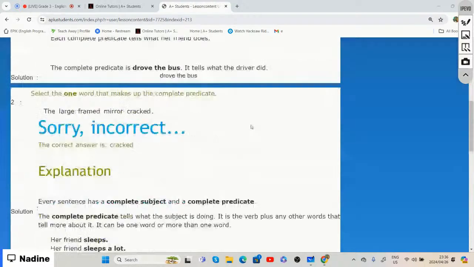The large framed mirror cracked. We need to select the one word or more than one word that is the predicate. It's the action.